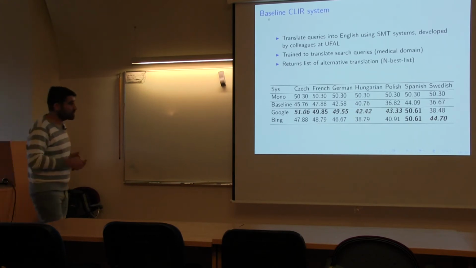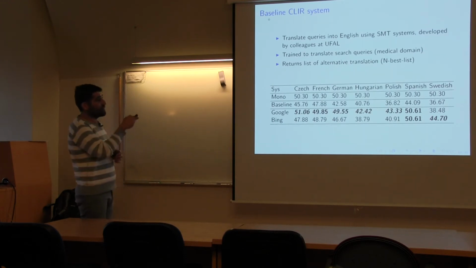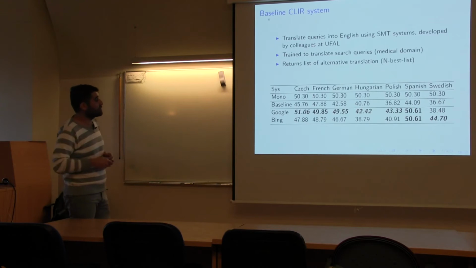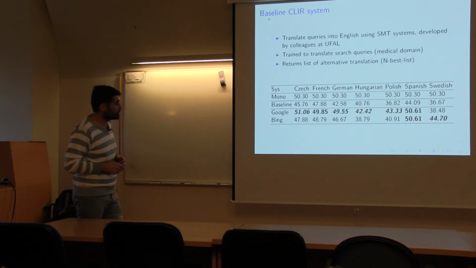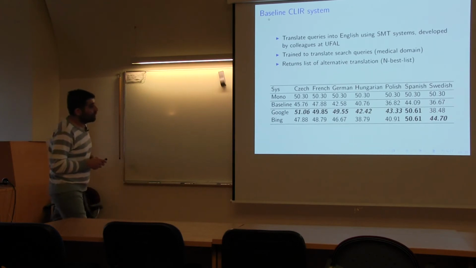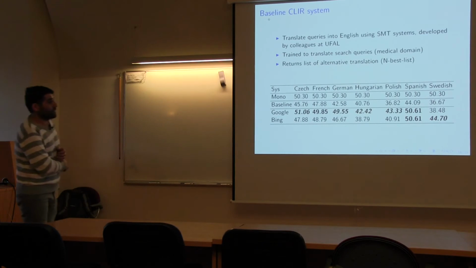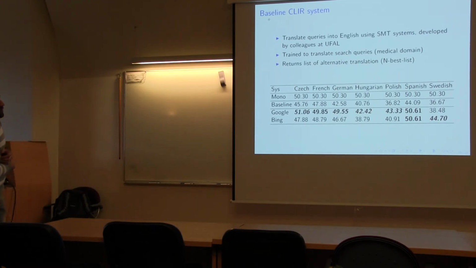And here are the results. This is the baseline that uses the best translation from this list for all the languages. Still, Google gives the best almost for all languages.